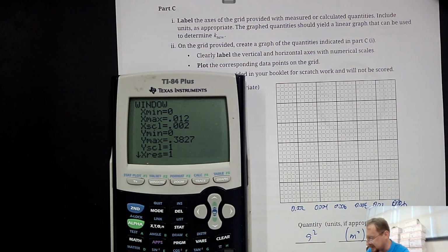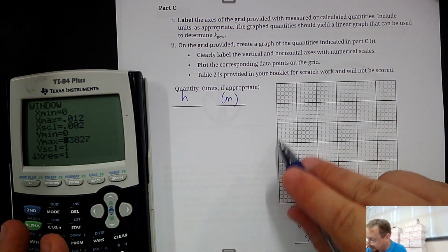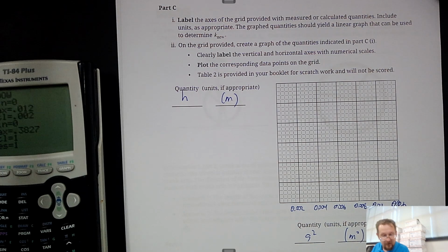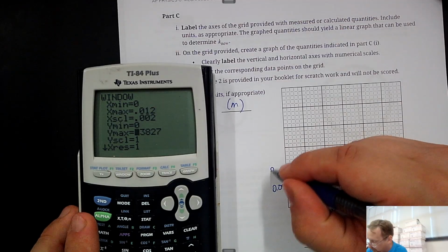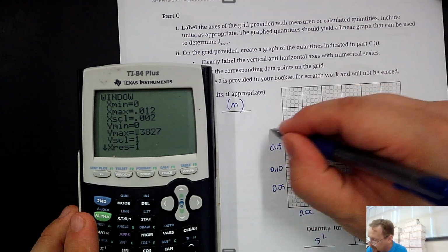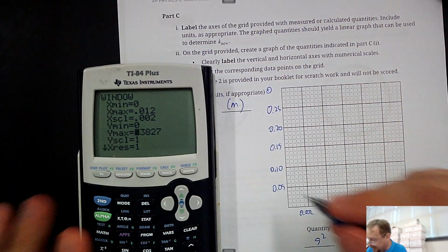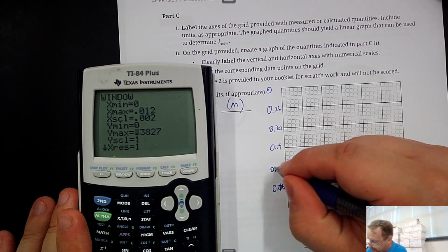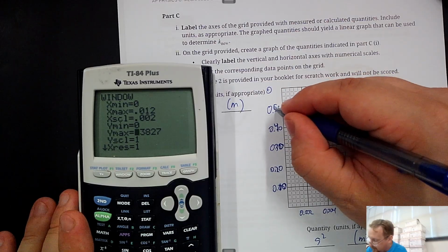You could do all this in Desmos. What are my heights going to get up to? 33. That's not good enough, so I'll go up to 50: 10, 20, 30, 40, 50.